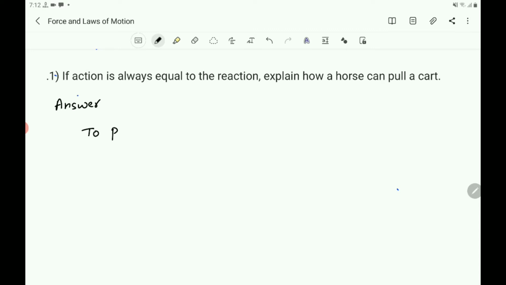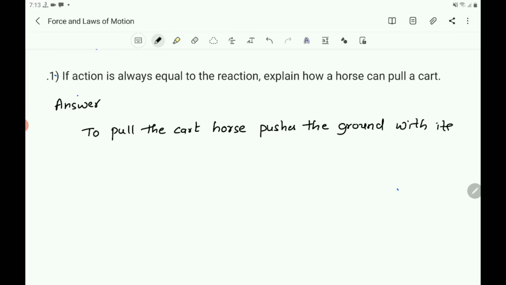To pull the cart, the horse pushes the ground with its foot in the backward direction by pressing the ground.